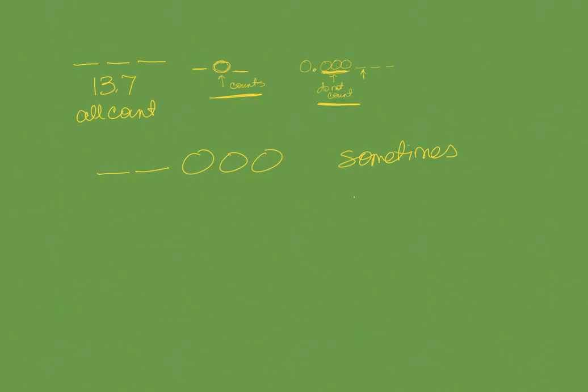So I estimated that this was like 32,000, and the 2 in 32,000 was estimated. These zeros here are just placeholders. If there's no decimal point, they don't count because they're placeholders.